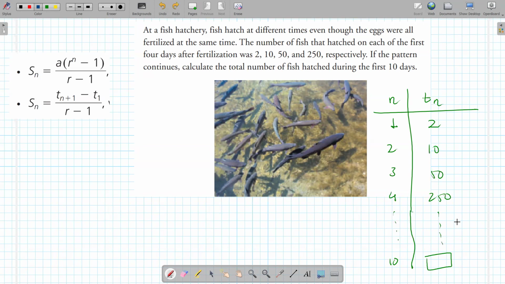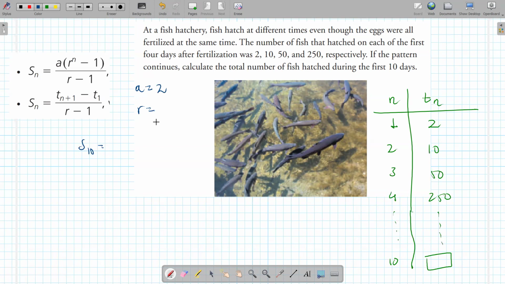All right, so let's use the top formula. S10 is going to be A. So A is 2, the first digit. What's our R value? It's 2. Nope.